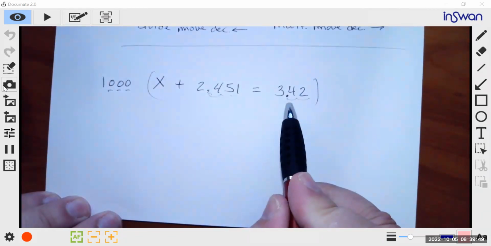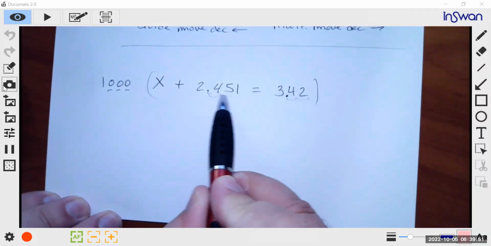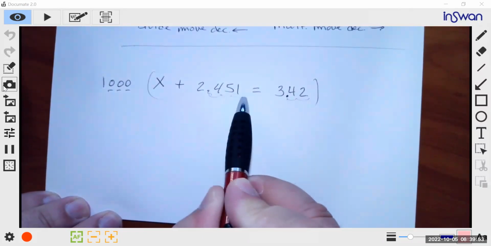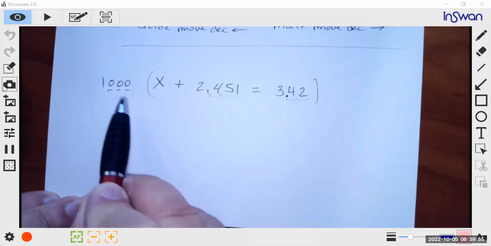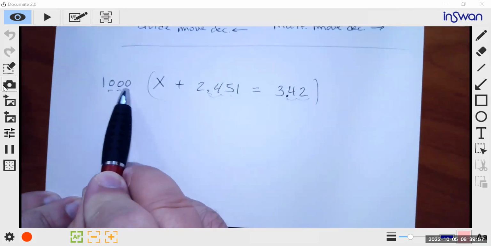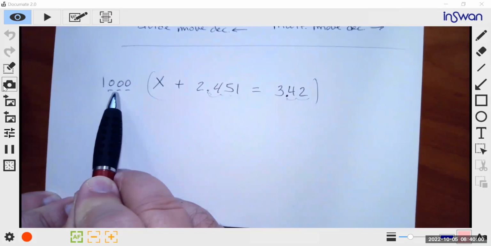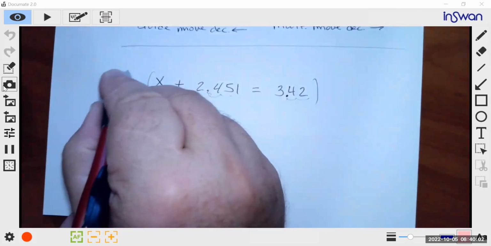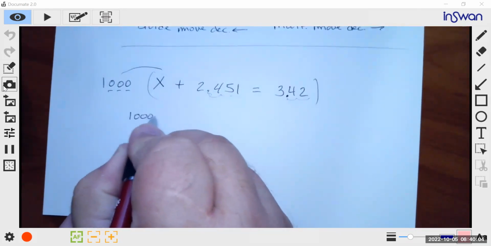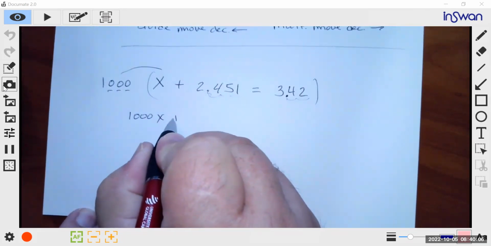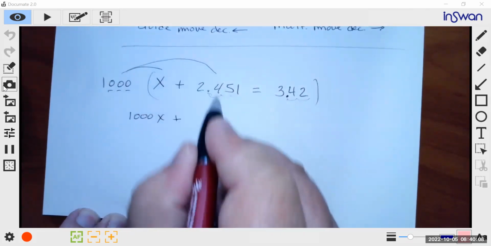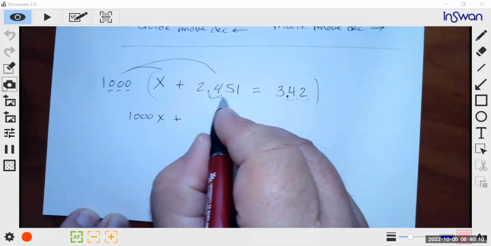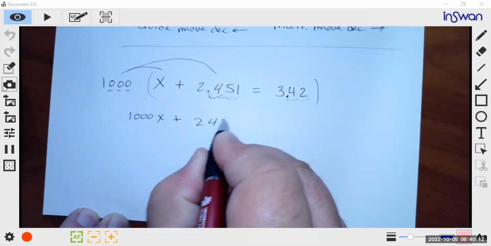You don't look at this one. This only has 2 decimal places. This one has 3 decimal places. I have to move the decimal 3 spaces, so I have to multiply each number by that. So 1,000 times x is 1,000x. 1,000 times that, 1, 2, 3. So it's 2, 4, 5, 1.